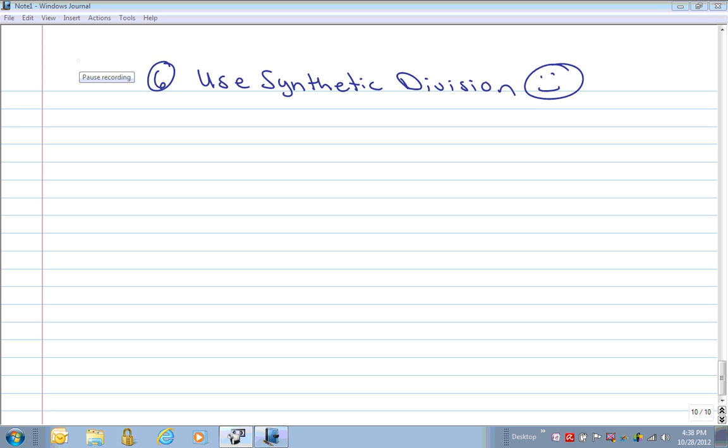All right. These last couple of examples are using synthetic division just to practice that synthetic division. I also want to point out to you some of the things that we find when we use synthetic division. The result gives you the same as long division. It's just a different method. So let's try example A. This is 5x cubed plus 18x squared plus 7x minus 6.